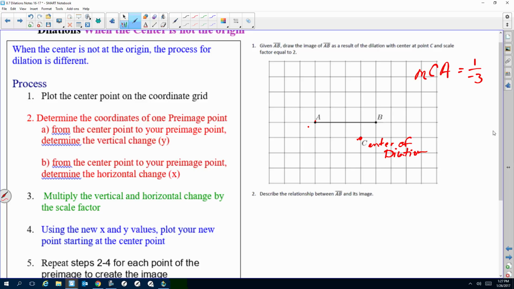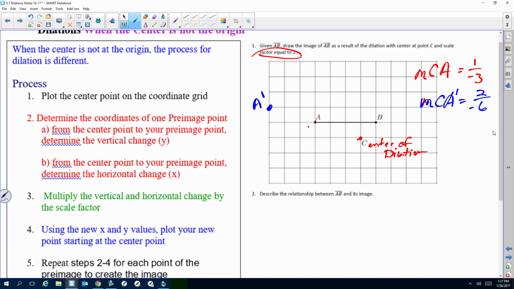So because our dilation is going to be a scale factor of 2, we're just going to multiply the vertical change, which is the 1, and the horizontal distance, the -3, by 2. So that means our slope from center of dilation to A prime would be 2 over -6. We just multiply our original slope by 2, by the scale factor. So I'm just going to start from the center, and I'm going to go up 2, and then to the left 6, and there is where A prime will be located.